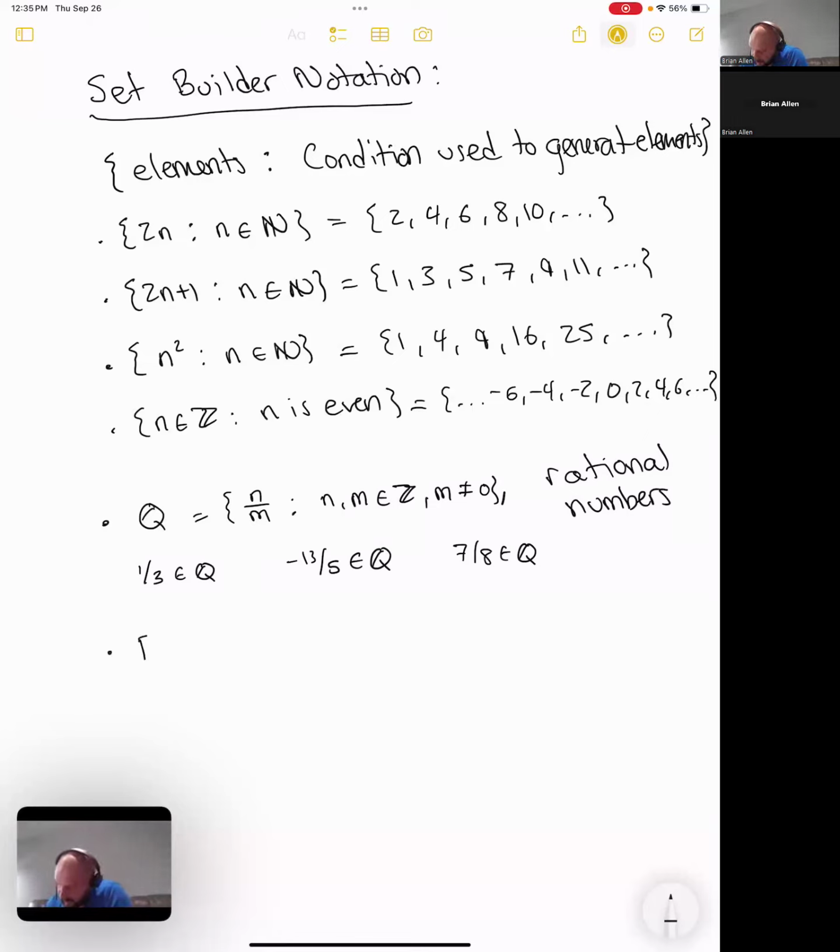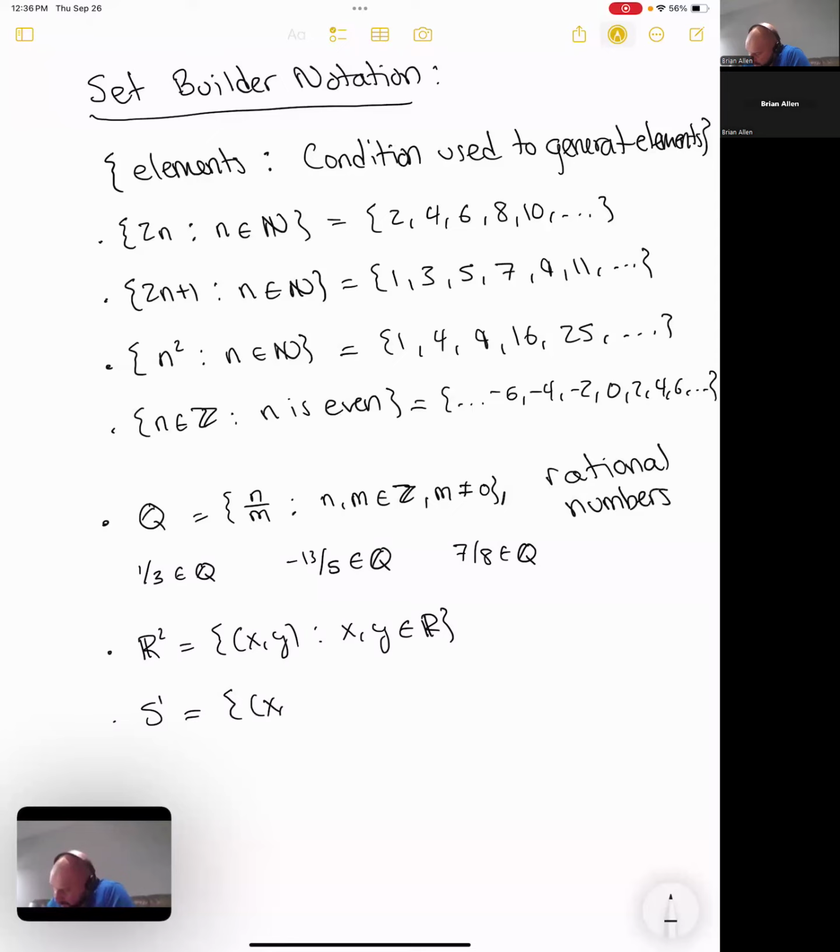What other examples are there? Well, in multivariable calculus, you often look at a set of elements that can be written as a pair x comma y, where both x and y are real numbers. So it's a set of ordered pairs of real numbers. Another example that you often look at is the unit circle.